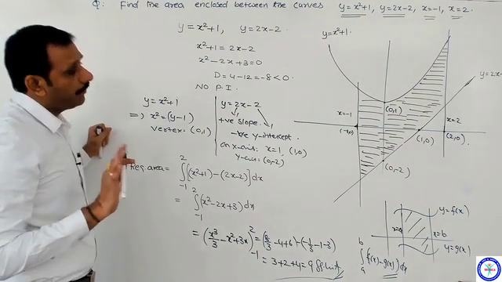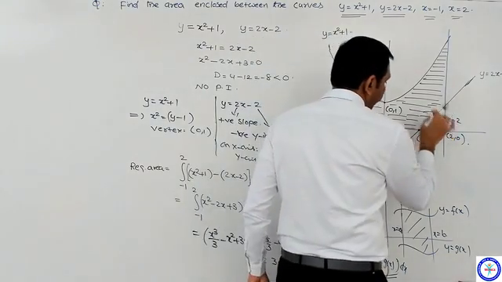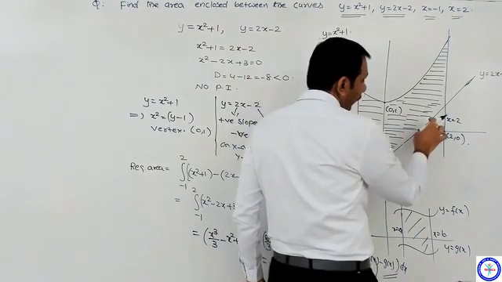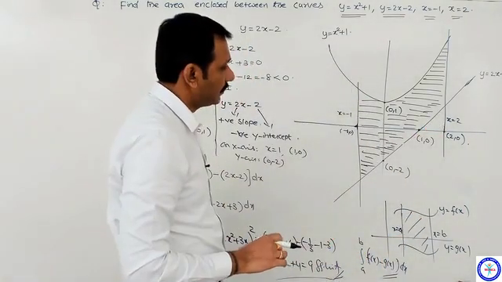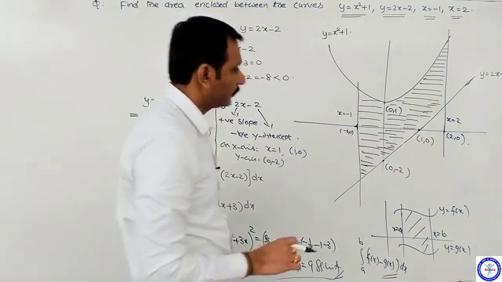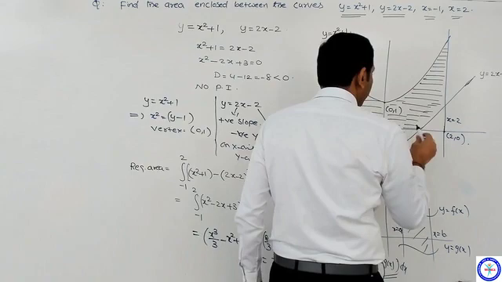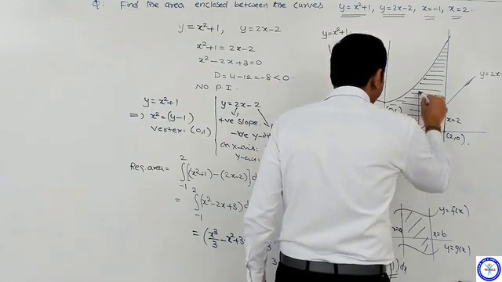Some of you definitely will get a doubt here: what about this one? How exactly will we exclude this while doing this integration? Let me explain this. To explain in a better way, I am taking a perpendicular.